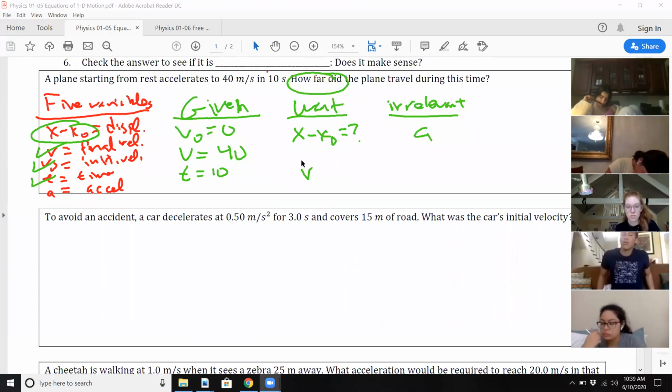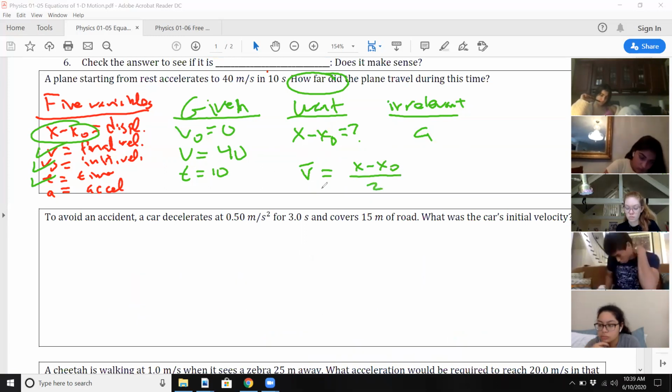So the average velocity equals X minus X0 over time. Remember, average velocity is just this. Sorry, that's supposed to be time.